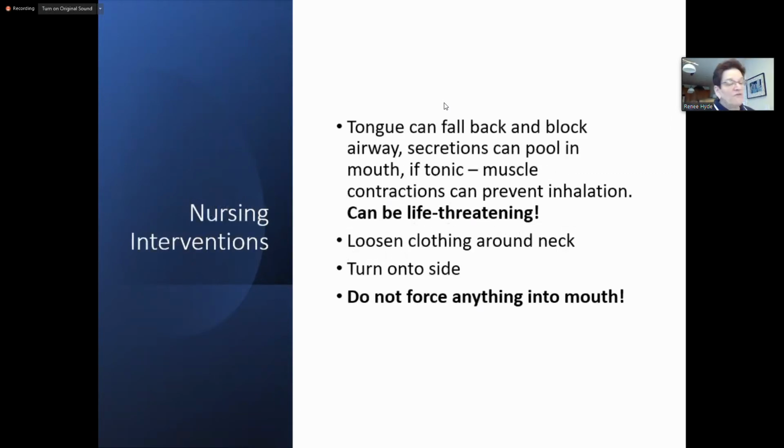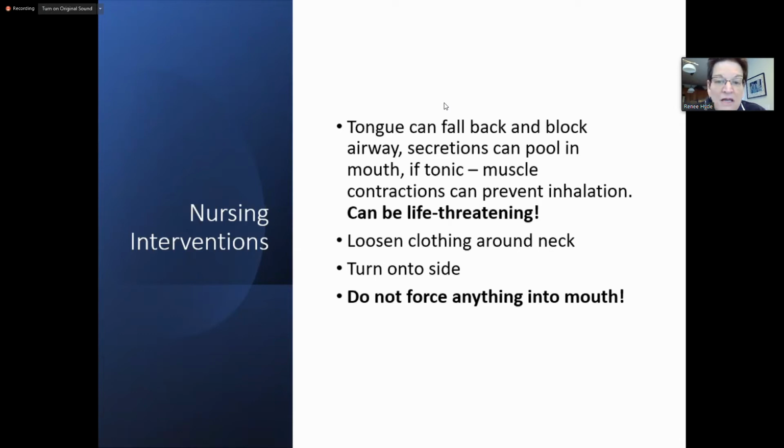Now, what are some of our nursing interventions? Well, one of the things that you will see is the tongue can fall back and block the airway. The secretions can pool in their mouth. If it's in that tonic phase, those muscle contractions can prevent inhalation.